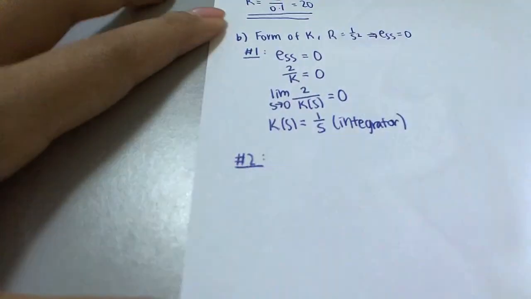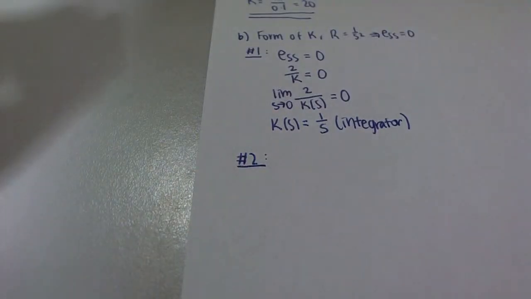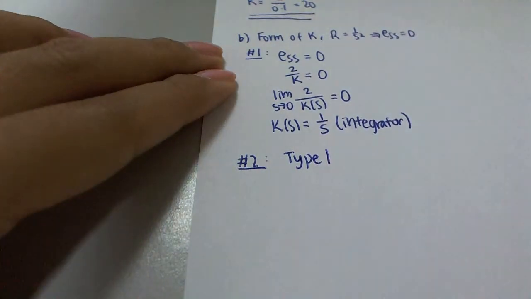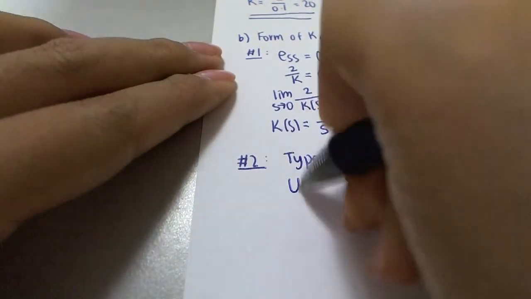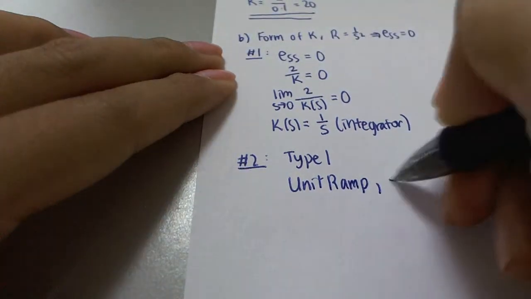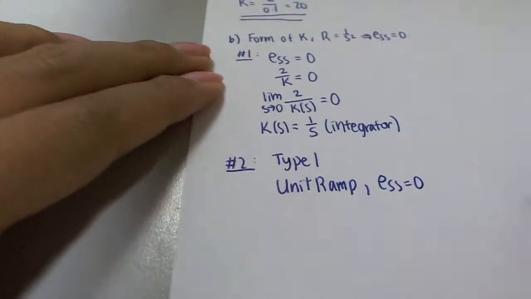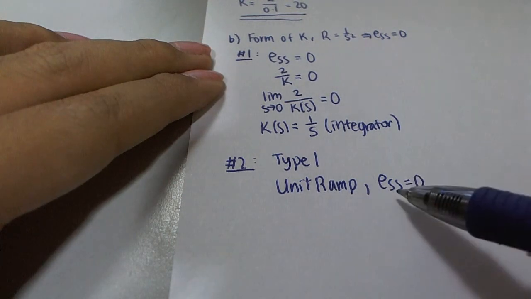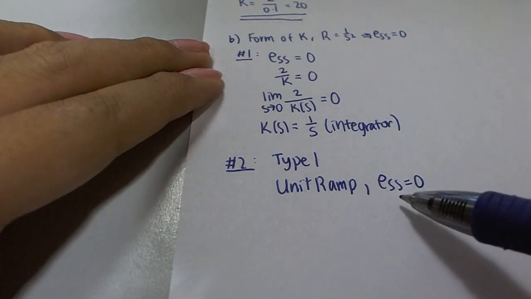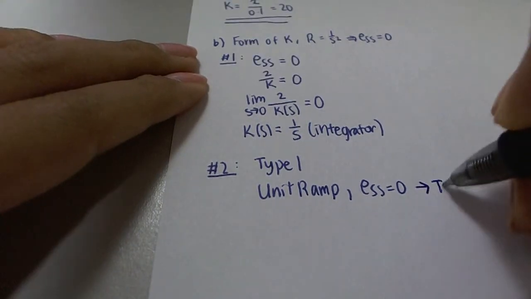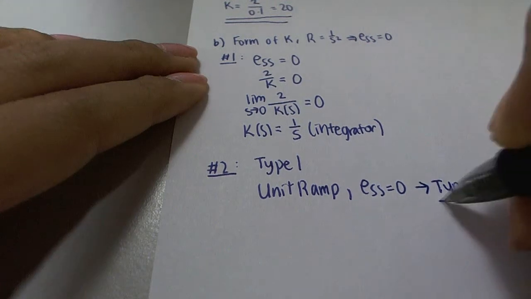And solving this using the express method, we know that the system is type 1, and then we have a unit ramp input, and also zero steady state error. And then the requirement for a unit ramp input producing zero steady state error is that the system has to be type 2.